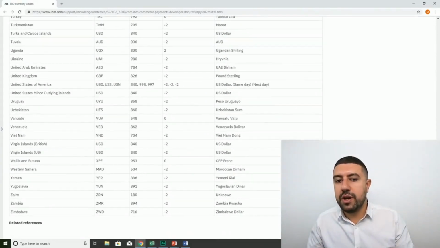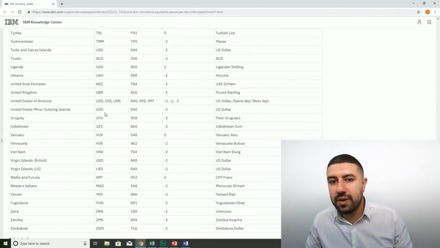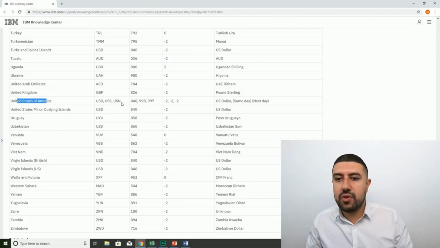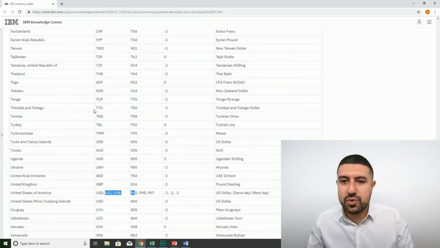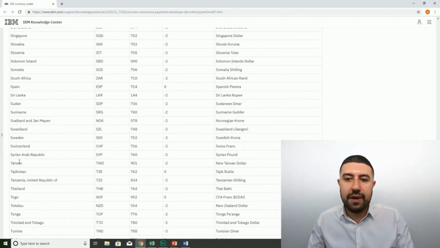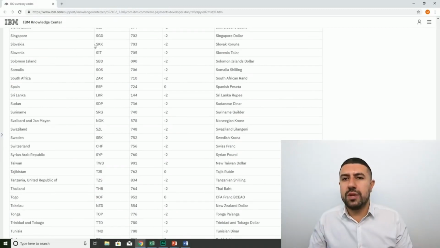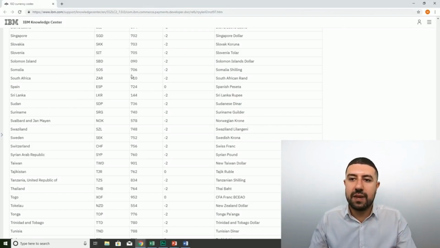If you want the United States, you have USD, US dollar. And don't bother with these, you don't need to look at those. You have all these countries here, and you can just Google ISO code and you'll get to a bunch of different websites that have the same codes.